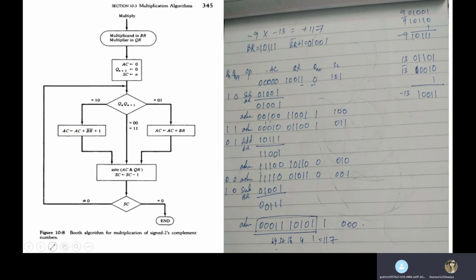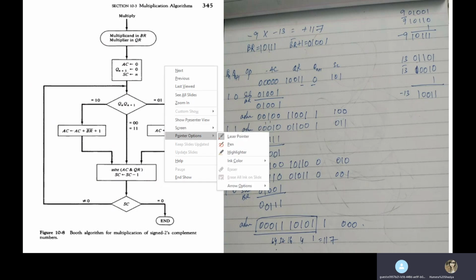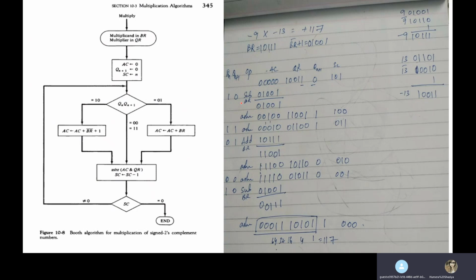Let me take a pen. Look here, this 0 is shifted, and what are you bringing in as the MSB, as the sign bit? The same 0, because you have to restore the sign. 0 means positive, 1 means negative.